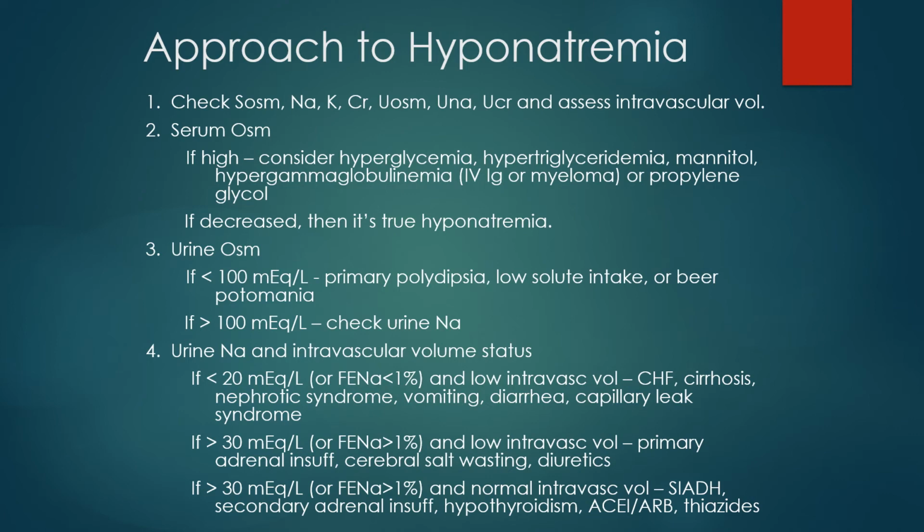Primary polydipsia can be seen in psychiatric disease, infiltrative disease in the CNS like sarcoidosis, or critically located brain tumors, so patients with polydipsia should be evaluated with a CT or MRI of the brain before concluding it's from a psychiatric cause. Thiazide-induced hyponatremia is quite common and can be seen in up to 13.7% of patients treated with thiazides. There's a higher risk in elderly females and malnourished individuals.